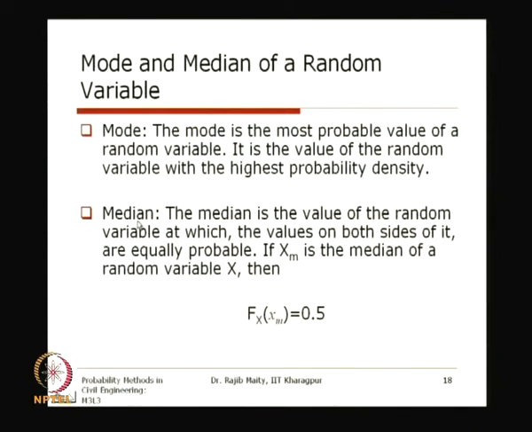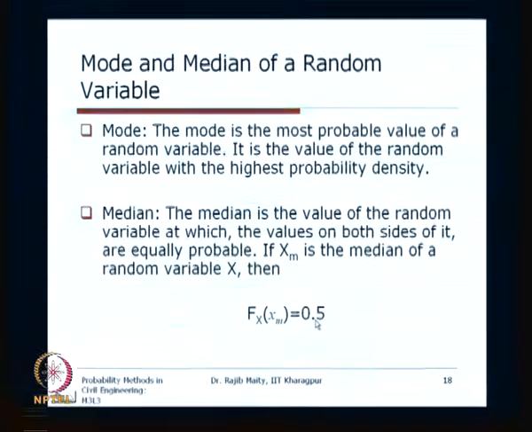And then there is the median. The median is the value of the random variable at which the values on both sides of it are equally probable. If x_m is the median of a random variable X, then F_X(x_m) is equal to 0.5.